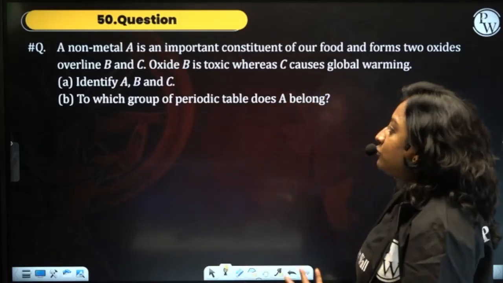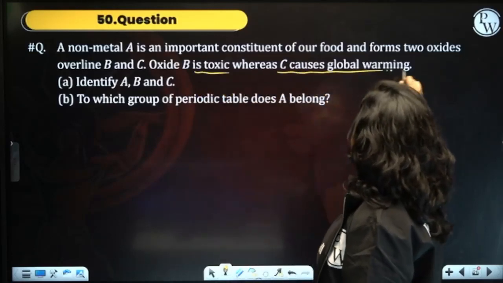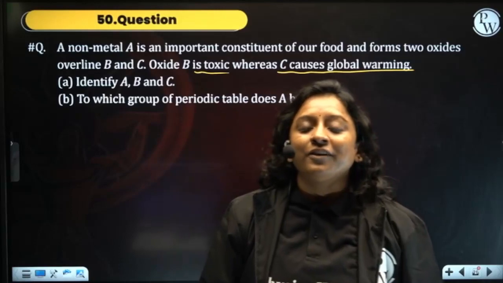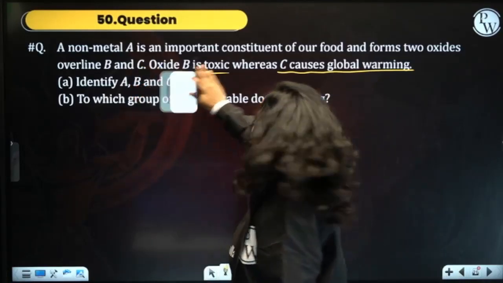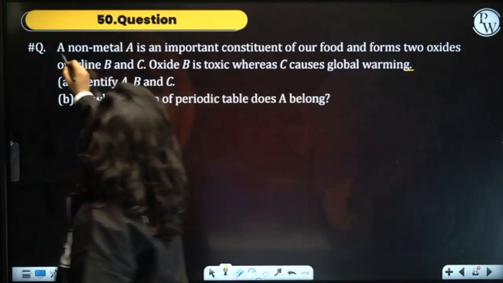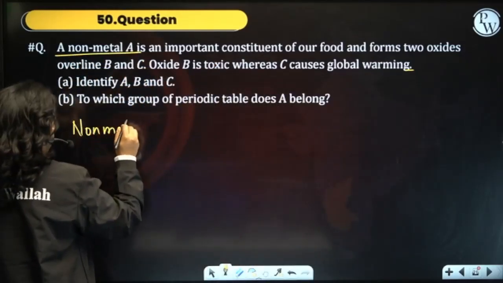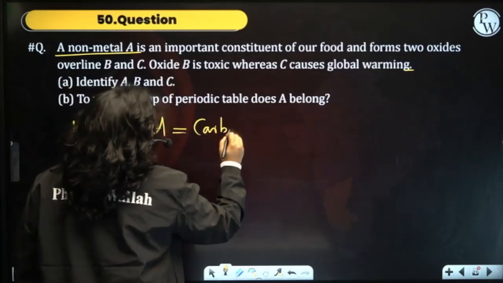But then what? It talks about oxides. One is toxic. One is causing global warming. Which is it? Carbon dioxide. So which non-metal should it be? Non-metal A is carbon.